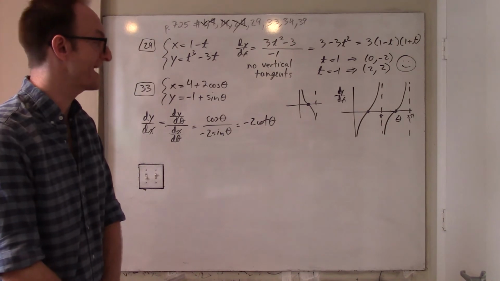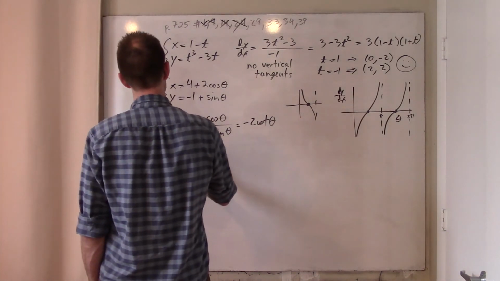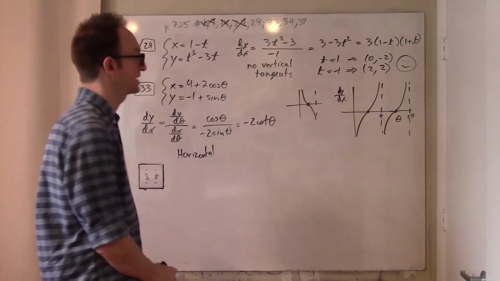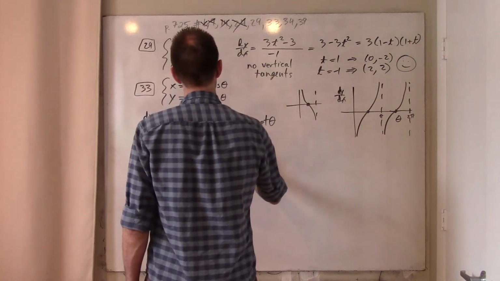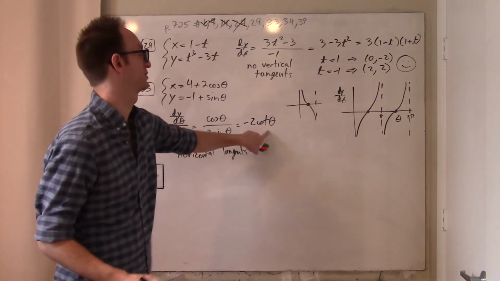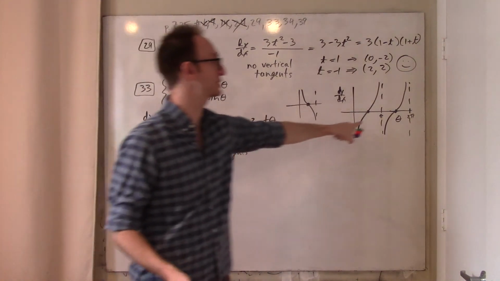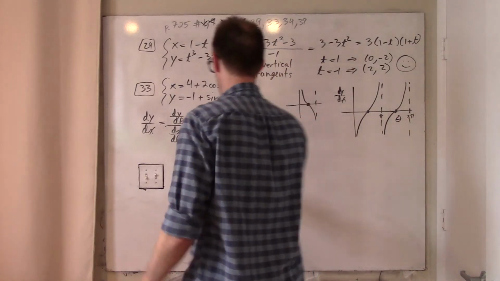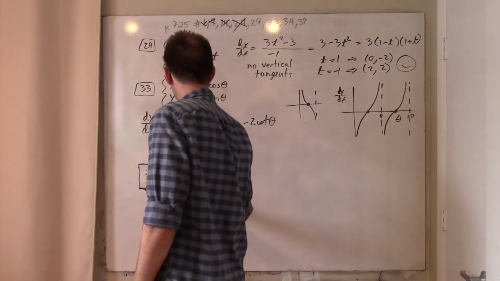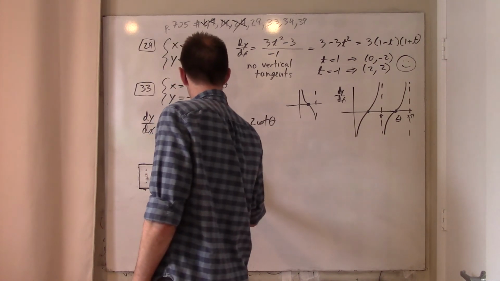What was the task? The task was to find the horizontal tangent lines and the vertical tangent lines. So if I want to know where the horizontal tangents are, I need to know when this is 0. So when is negative 2 cotan theta 0? Well, it just is at pi over 2 and 3 pi over 2. So answer, theta equals pi over 2, and theta equals 3 pi over 2.